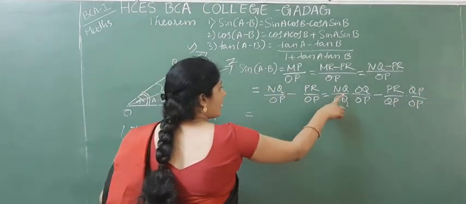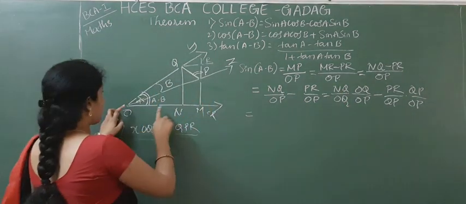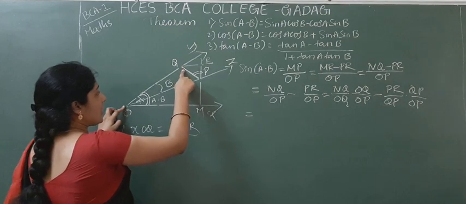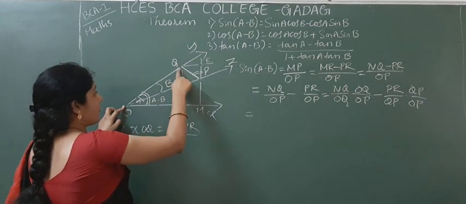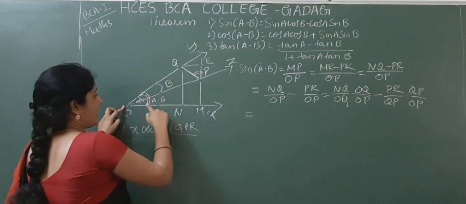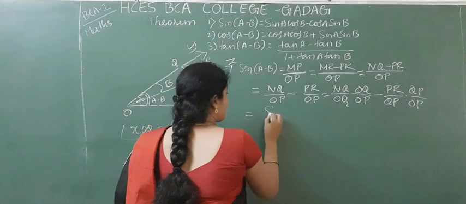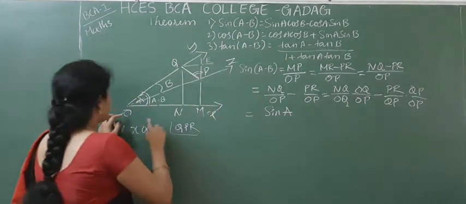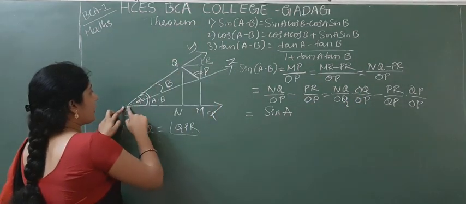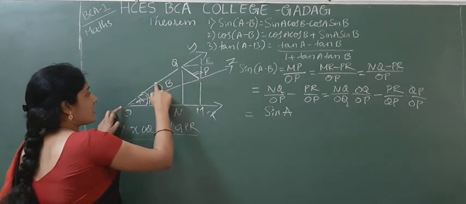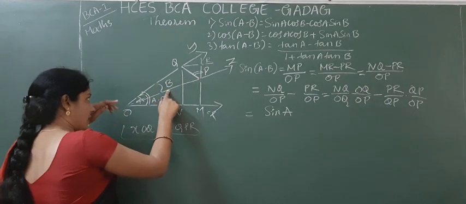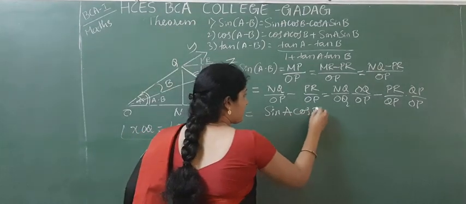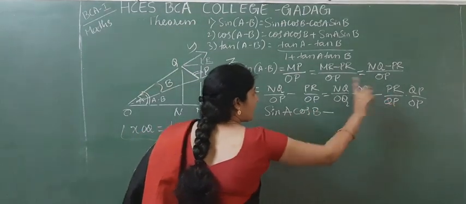Now NQ divided by OQ. What is this? Opposite side divided by hypotenuse of this angle. And what is this? Sine A. Next, OQ divided by OP is nothing but adjacent divided by hypotenuse of B. Therefore, it is cos B. Minus PR by QP.